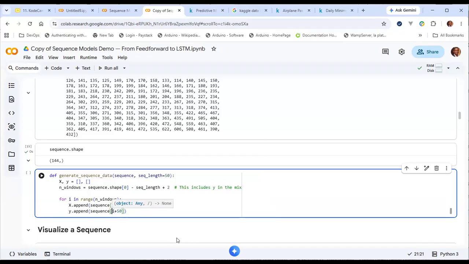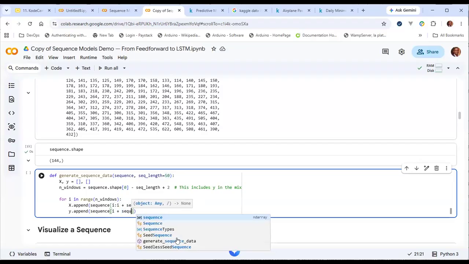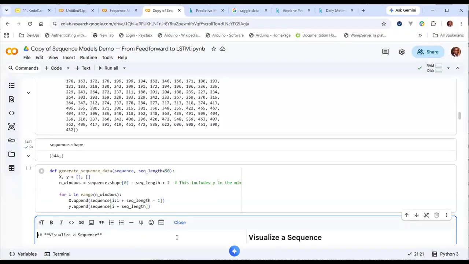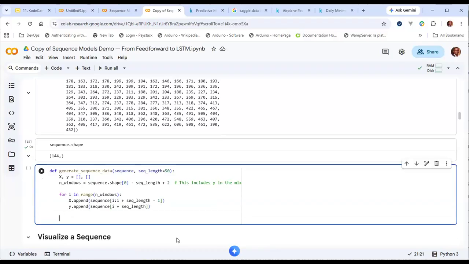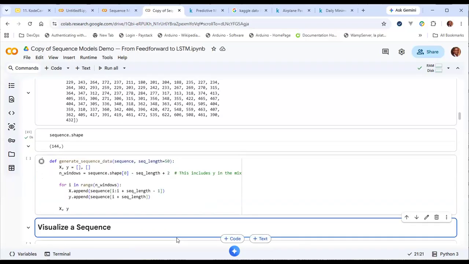While the y append will be sequence[i + sequence_length]. All right, and that will be it. Then you return the x and the y. That will be this generate_sequence_data.